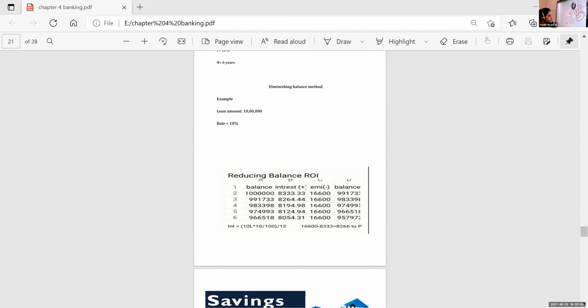Now, for the next month, to calculate the interest, first we used 10 lakh.